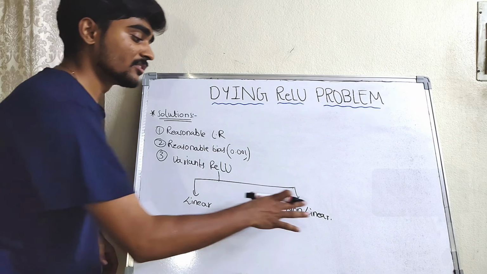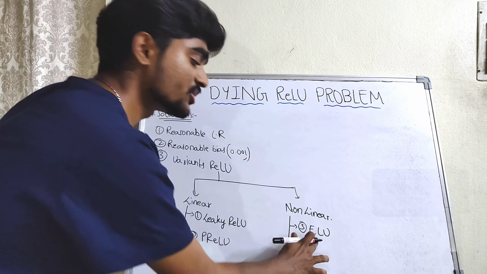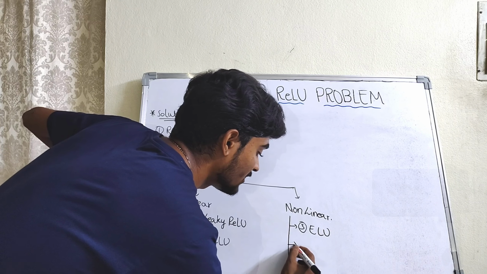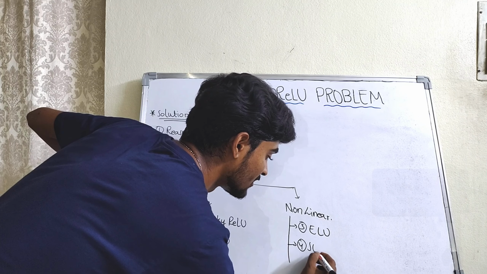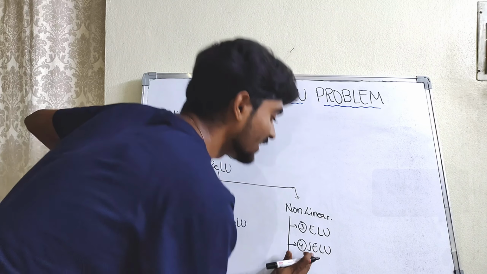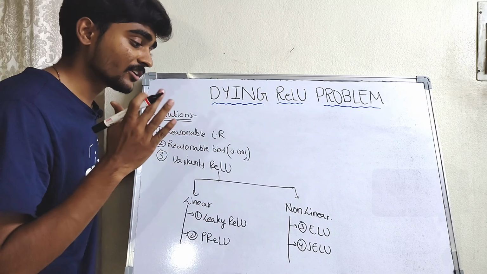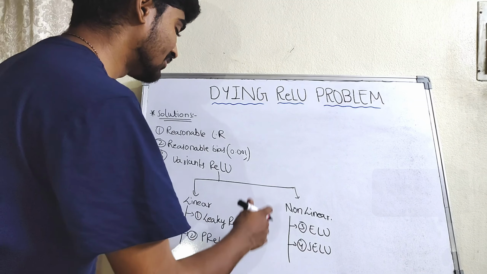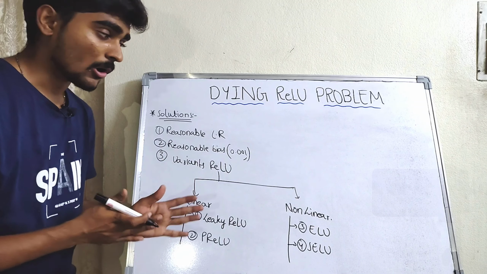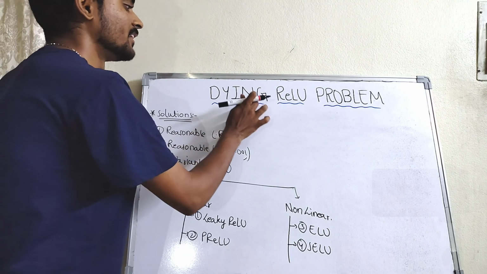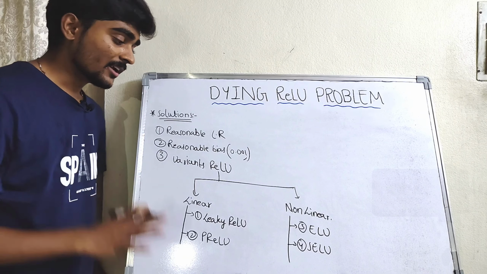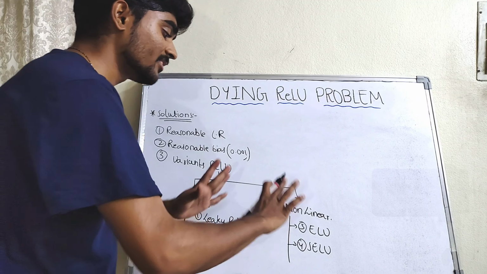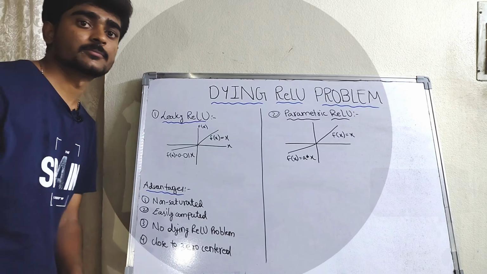Now in non-linear activation functions, the first one is ELU, exponential linear unit, and the fourth activation function is SELU, scaled exponential linear unit. These are the four possible variants of ReLU to solve this dying ReLU problem. Now let us discuss each of these activation functions in detail.